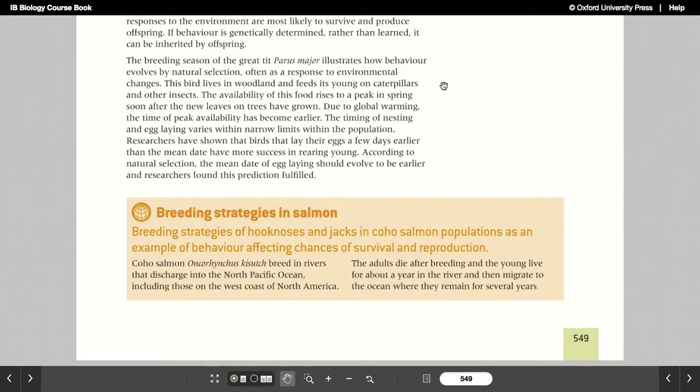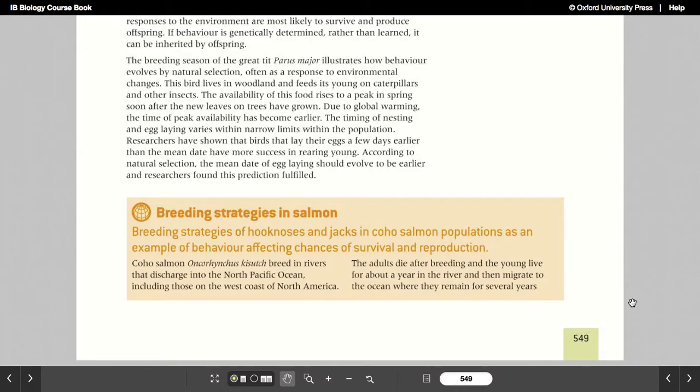But because of global warming, the time of peak availability has become earlier because spring and summer kind of come earlier and earlier. So they have had to change the timing of their nesting and their egg laying. So they keep laying their eggs earlier and earlier to meet up with the time that the insects and the trees are blossoming.